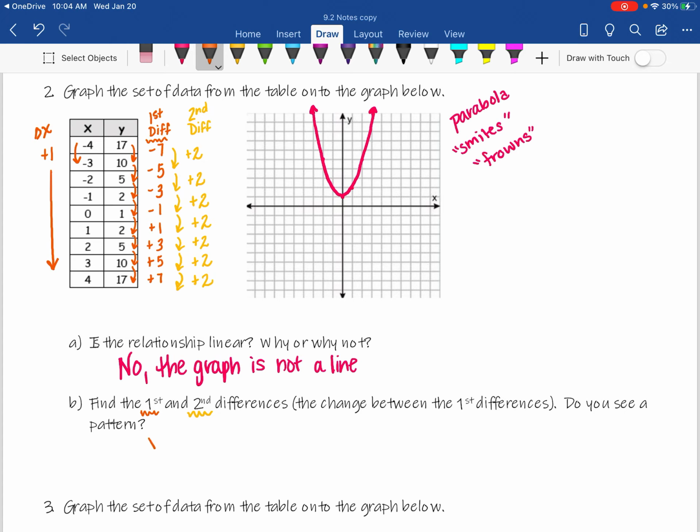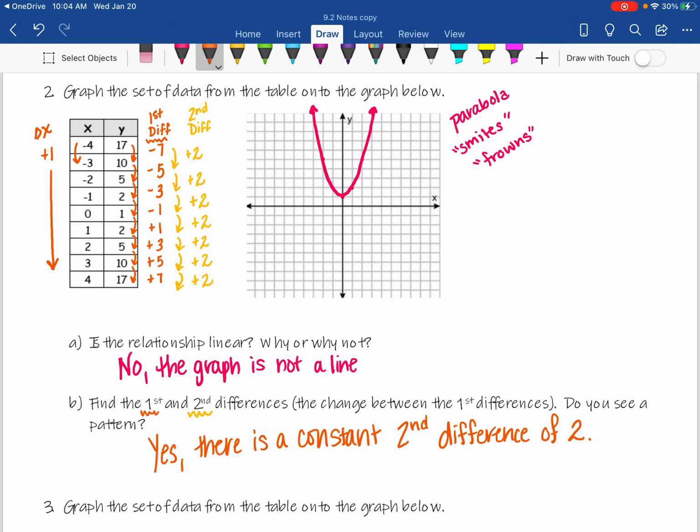So there is a pattern. There's a constant second difference of 2.